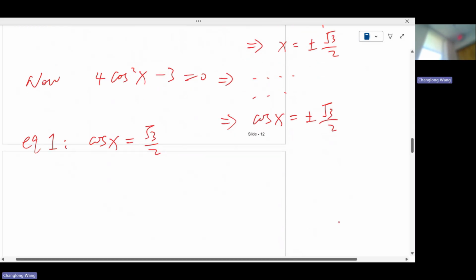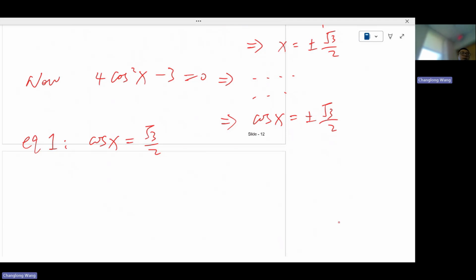Okay, so now, like I said, I'm going to provide you a chart with all the special angles, 30, 45, and 60, right? And then you have the cosine of 30 degrees is radical 3 over 2, or pi over 6.